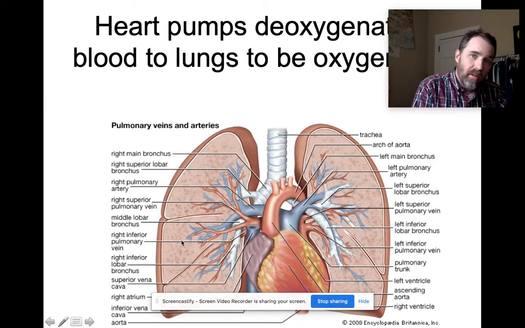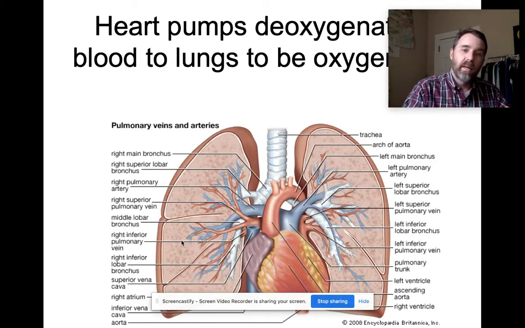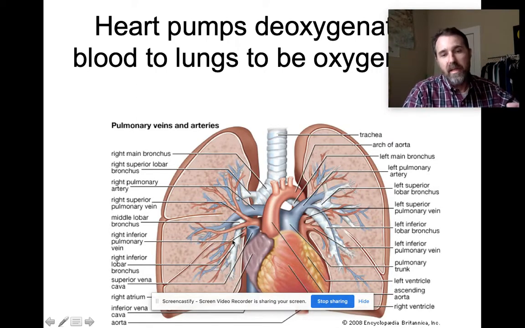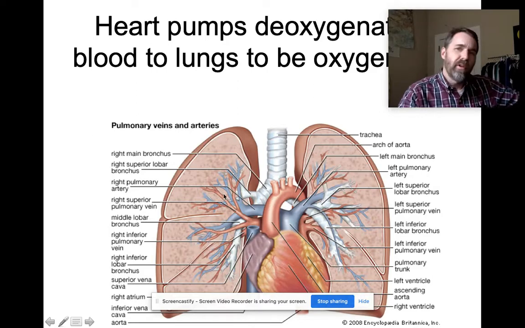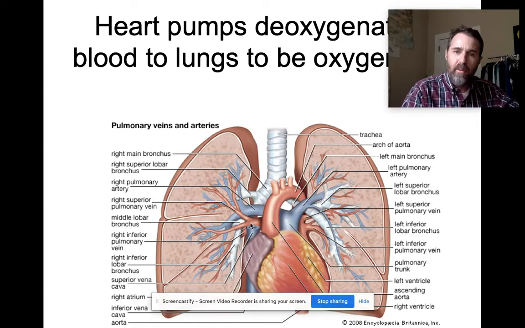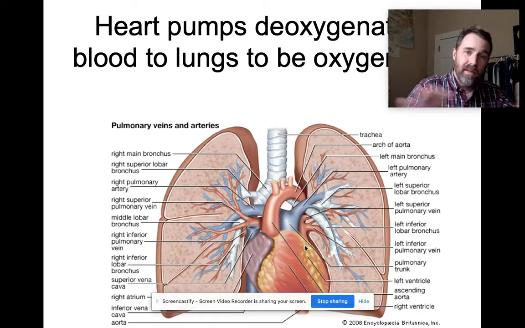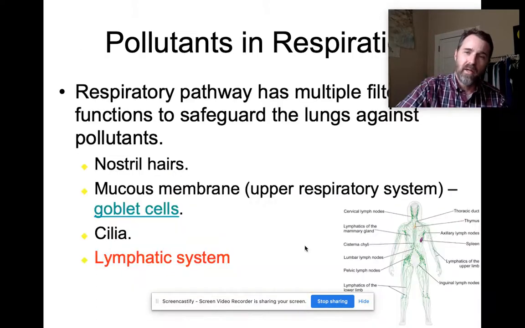From the alveolus, they get bigger and bigger and bigger, coming together from the different areas of each lobe of the lung, then coming together from each lobe of the lung into a primary branch of the pulmonary vein to bring freshly oxygenated blood back to the heart to then be pumped out to the body to provide oxygen for the body.